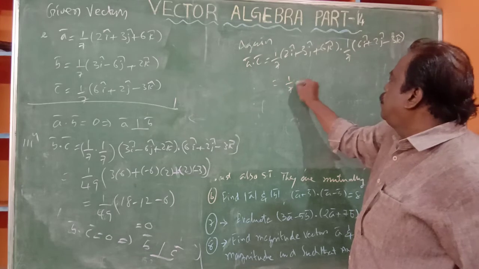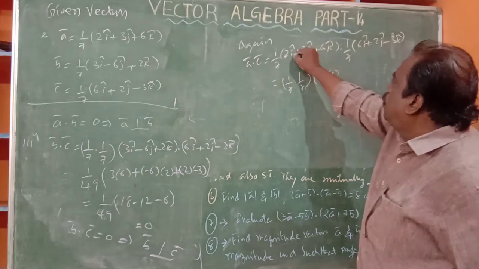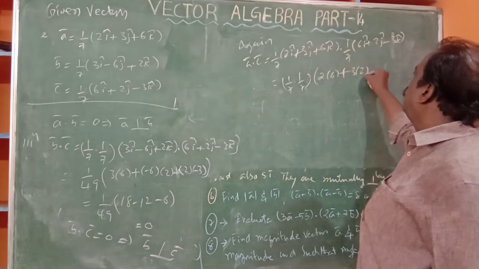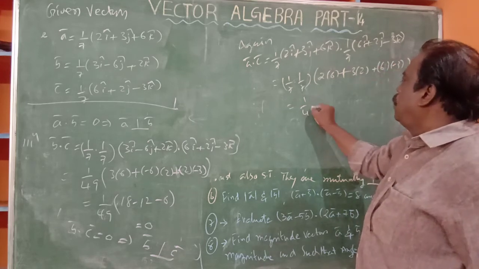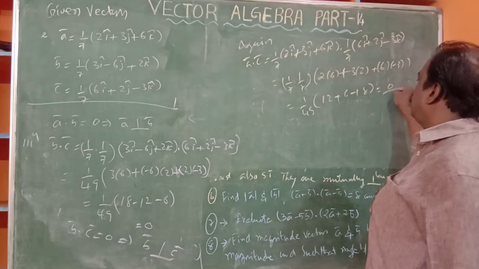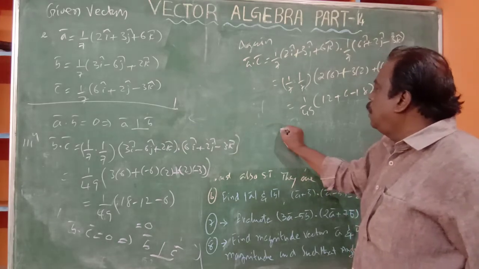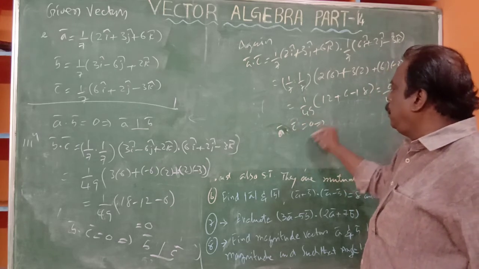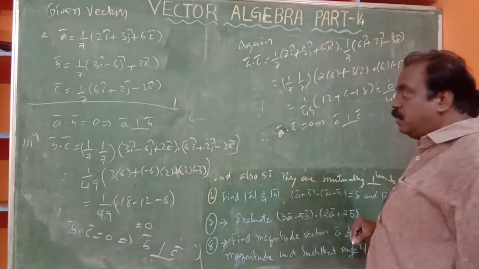Now it is 1/7 into 1/7, times (2 into 6, plus 3 into 2, plus 6 into −3). It is 1/49 times (12 + 6 − 18), which is also 0/49, that is 0. So here also a bar dot c bar is equal to 0, which means vector a bar is perpendicular to c bar.